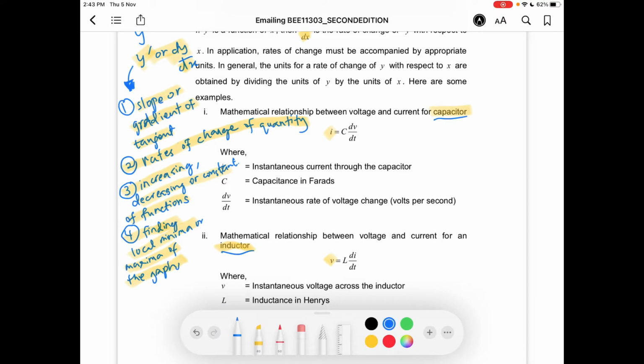So for example, for the fourth application, if we have this graph of SpO2, if you never heard, SpO2 is the measurement of the oxygen saturation of your body.